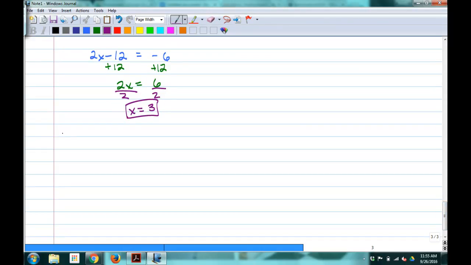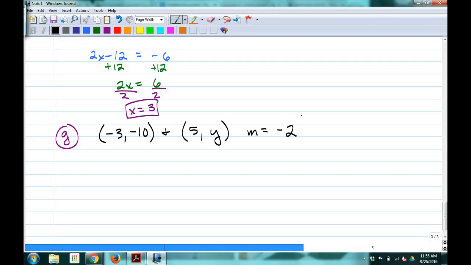Let's do example G. Let's say they tell us that one of the ordered pairs is negative 3, negative 10, and the other ordered pair is 5 and the missing piece y, with a slope of negative 2. Slope formula.